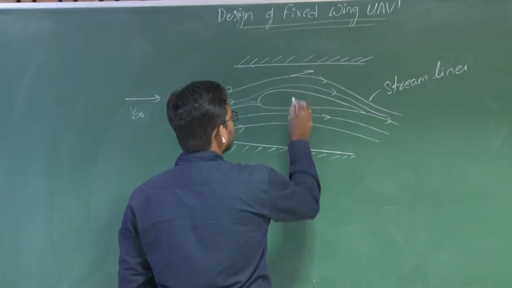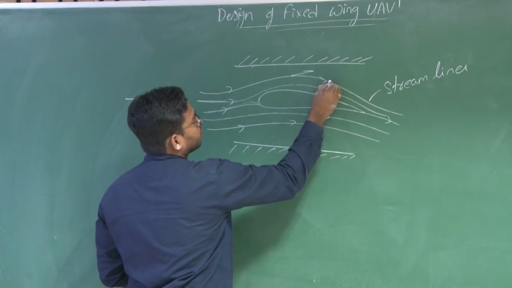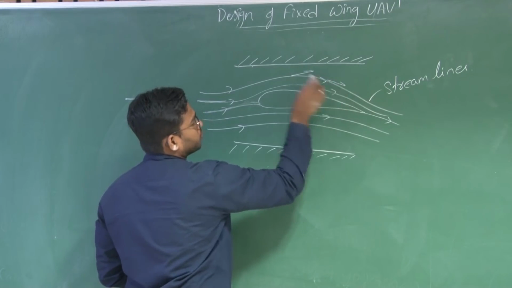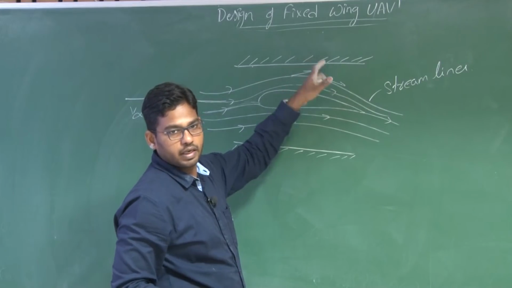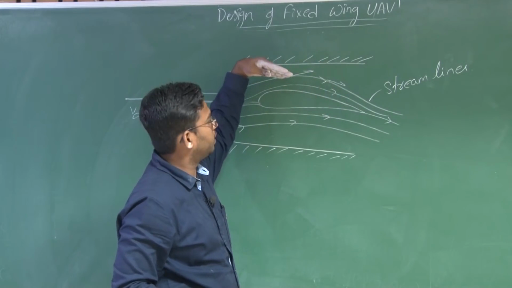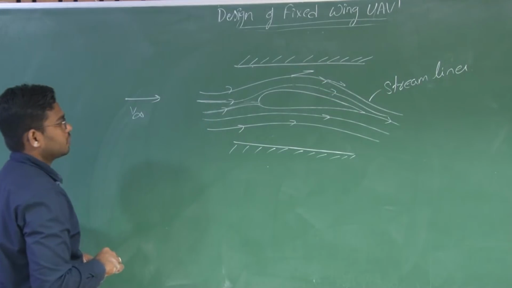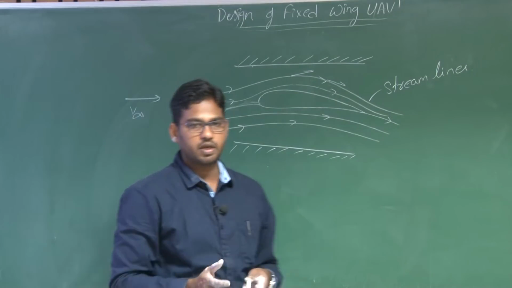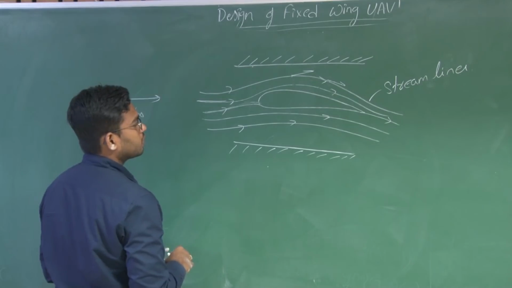So the fluid particle tends to move in this direction at this instant, and if you draw a tangent here, the fluid particle at this location will be moving in this particular direction. And the equation of streamline is del cross V equals 0, but we are not going to discuss it.